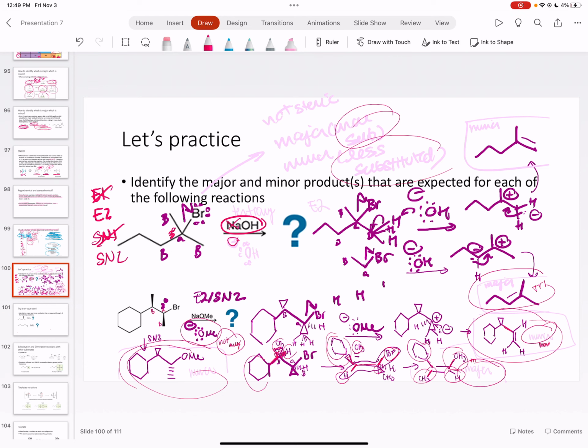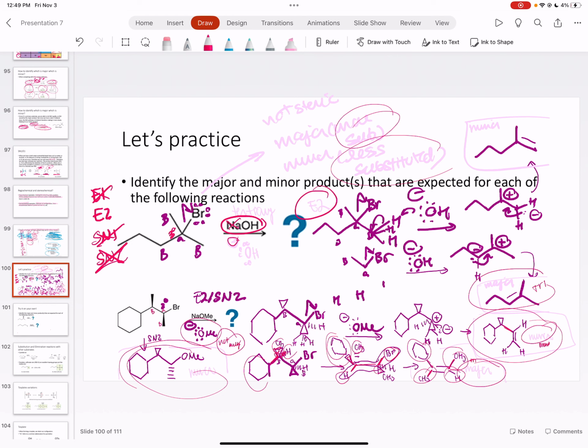So we can do E2 or SN2. So then we have a tertiary. That means we cannot do SN2. So we can technically only do E2. Thinking about that, we can only get E2.